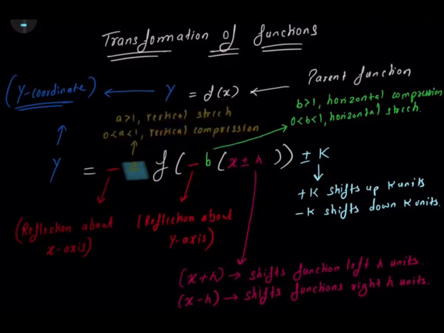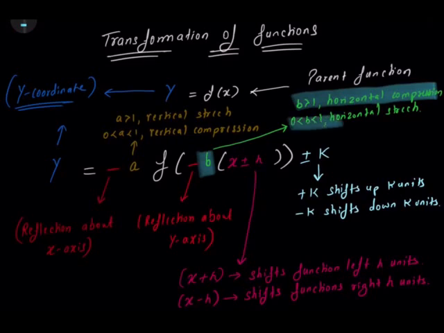Greater than 1 stretches the graph vertically, and if it is between 0 and 1, it is going to compress the graph vertically. Similarly, if we introduce a b value inside the function, and if it is greater than 1, it's going to be a horizontal compression. If it is between 0 and 1, it is going to be a horizontal stretch.